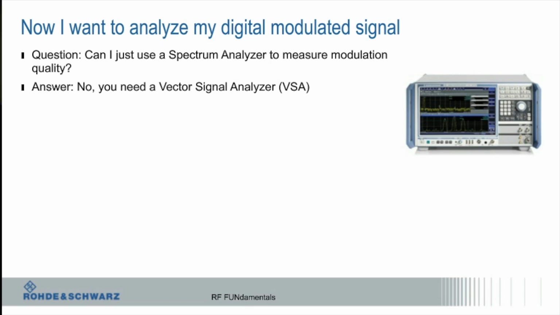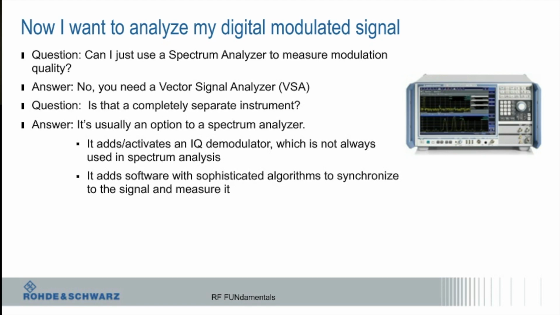So that's where we use the vector signal analysis. So in our case, we're going to have a known signal with idealized characteristics, and then we're going to be able to measure it at different points and quantify what the error term is, and you'll see that in a little bit.